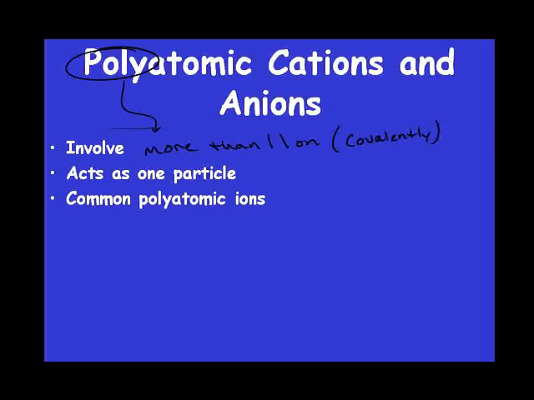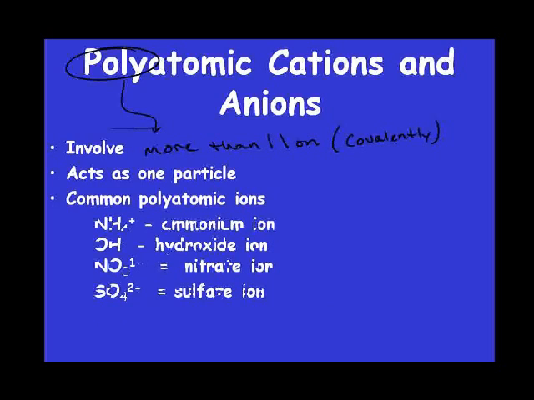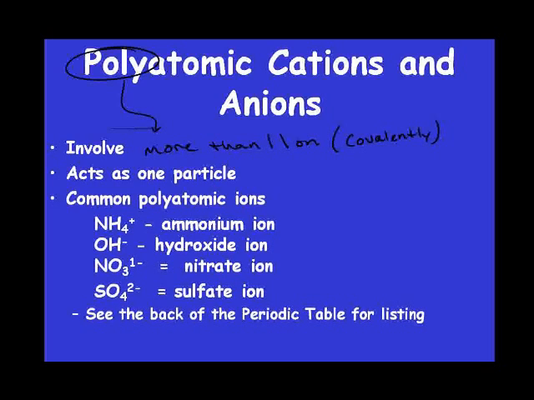They have either a positive or a negative charge. Some common polyatomic ions are NH4+, which is the ammonium ion, OH-, which is the hydroxide ion, NO3-, which is the nitrate ion, and SO4 2-, which is the sulfate ion. There's a lot more of these, and you're not going to have to memorize them because they are on the back of your periodic table.